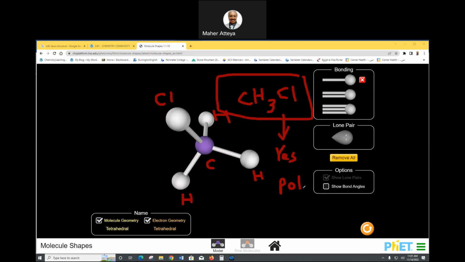Because now the atoms all over the molecule are not identical. We have 3 hydrogens and 1 chlorine. So this has to be polar. This is a chloroform-type structure. Chloroform goes in the blood and makes people dizzy and sleepy. Therefore, it's dissolved in H2O, the bloodstream, so it's polar. Are you following me here?